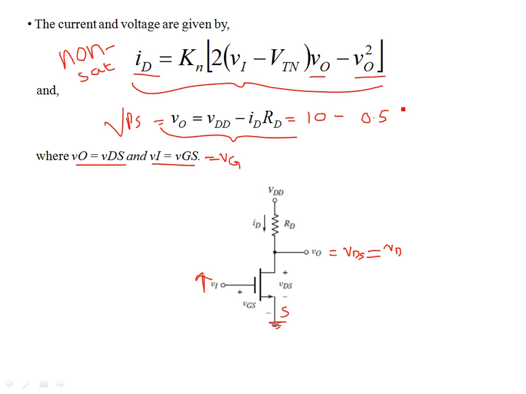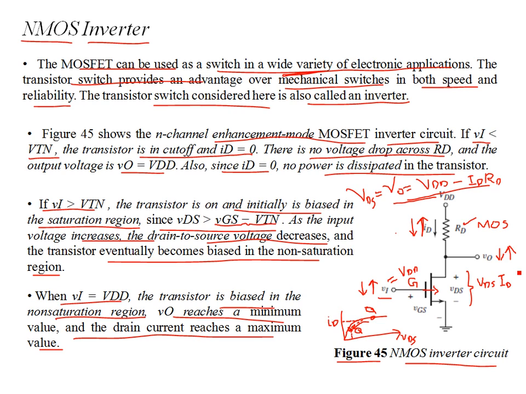that ID should be 0.5 when the transistor is on, and RD is either 10 ohms or 8 ohms. In which case V naught is either 5 volts or 6 volts. So the minimum is 5, maximum is 6. Okay.